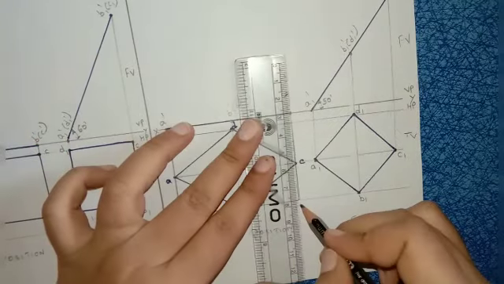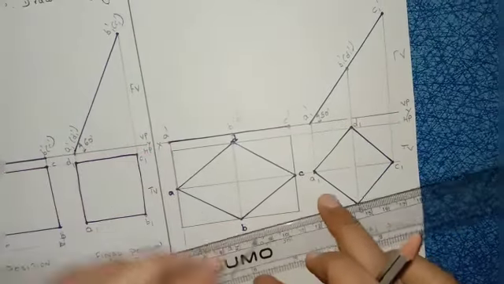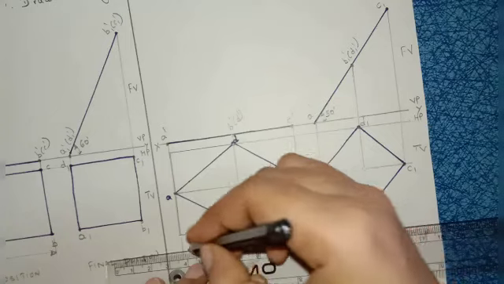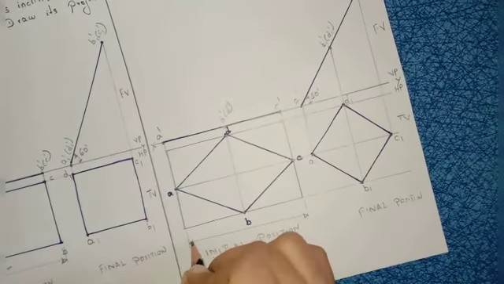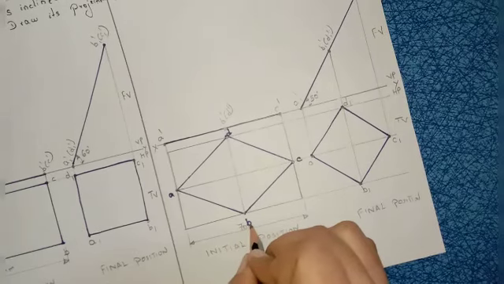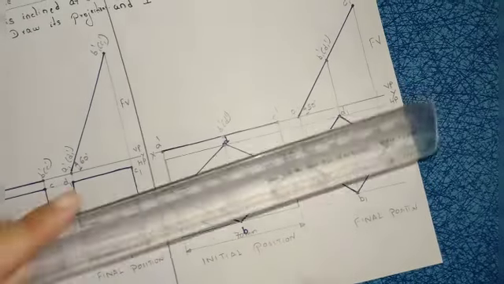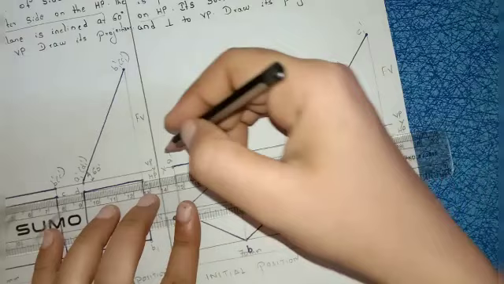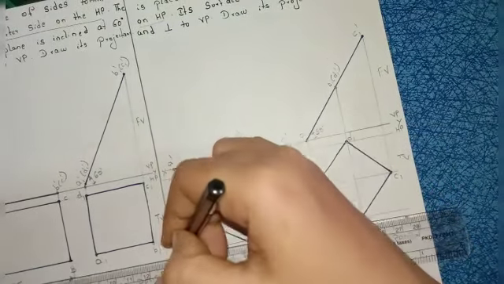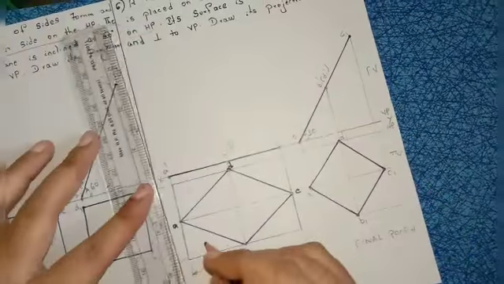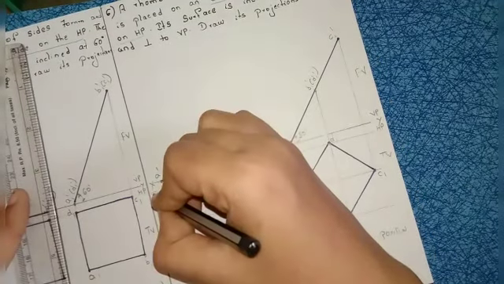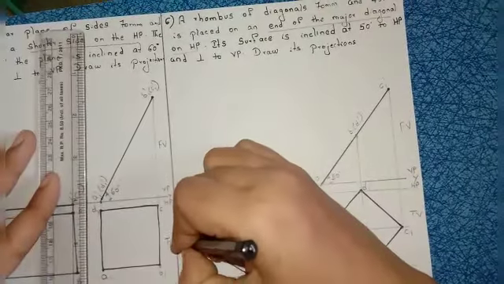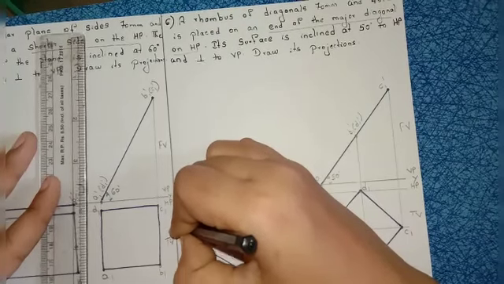Here the rhombus length, in the question they mention 70 mm, so draw the dimensional line and write down here 70 mm. Right, and here this is 45 mm. Draw the dimensional line, closed and filled arrow marks.